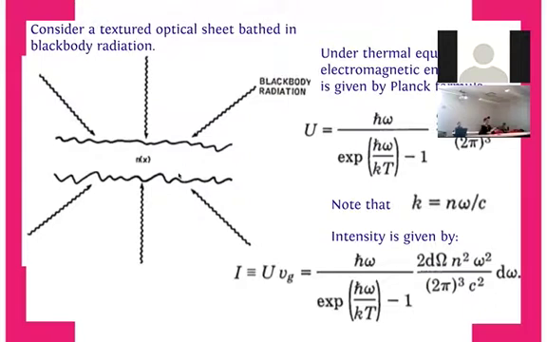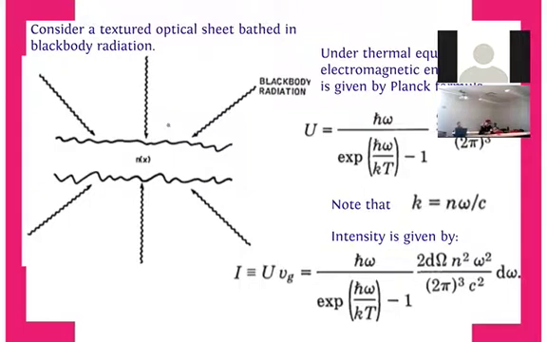Let's say it's textured, and then it reaches a thermodynamic equilibrium. It's a textured optical sheet bathed in blackbody radiation at thermodynamic equilibrium. Of course, thermodynamic equilibrium means that it's at the same temperature as the environment.